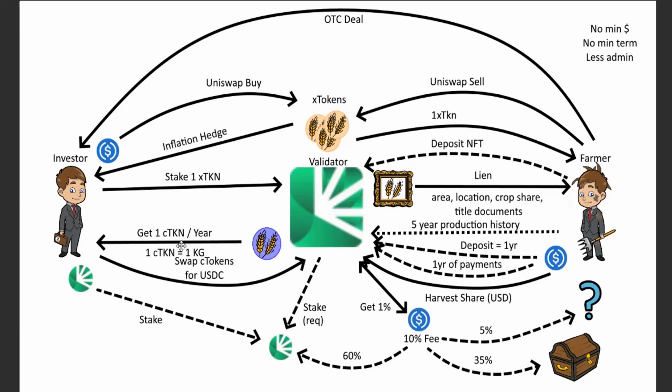He owes forever this yield of these C tokens and so forth. He has to pay this forever. If he wants to unwind this position, then he has to buy back these X tokens. When he has all of these X tokens back, then he can use them to redeem them for his NFT, and then he can close down, basically burn this NFT, and then he's no longer obliged to this LandX system to pay this share of his crop.